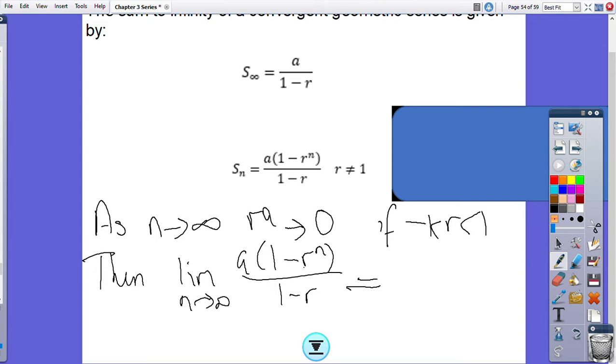So you've got 1 take away 0, which is 1, 1 times a is a, and so you've got a over 1 minus r. So Bob's your uncle. So there you do. You have the formula there for the sum to infinity of a geometric series if the common ratio is between -1 and 1.